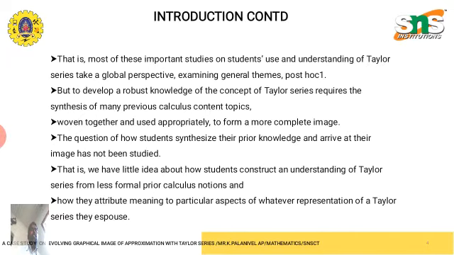But to develop a robust knowledge of the concept of Taylor series requires the synthesis of many previous calculus content topics woven together and used appropriately to form a more complete image. The question of how students synthesize their prior knowledge and arrive at their image has not been studied.